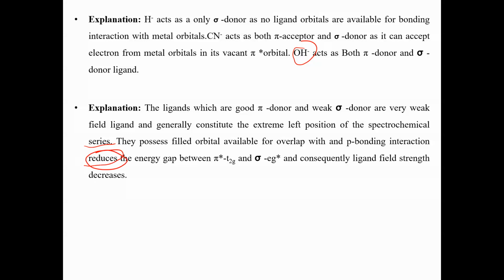So that's why they have been placed at the extreme left position of the spectrochemical series. Okay, so basically they are arranged in the order of the energy gap between these orbitals.